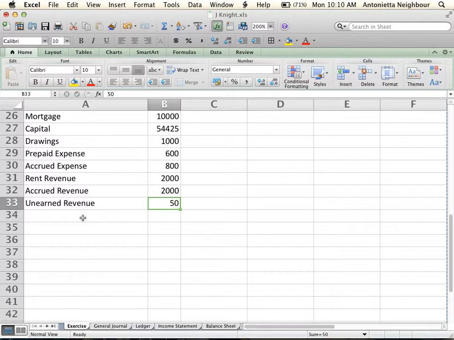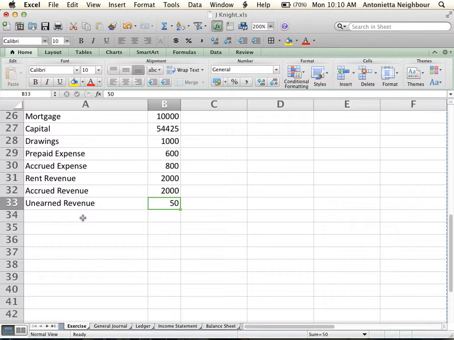Accrued revenue means we've earned the revenue, but the supplier or the person hasn't sent us a cheque for it yet. So we've earned it in this accounting period. Any accrued revenues need to increase the revenue account. Unearned revenue is the opposite. We've actually received the money, but we haven't earned it in this accounting period. If you receive any revenue, it will increase the revenue account.